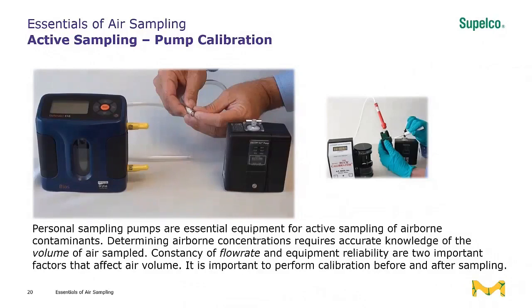So it's important that the flow rate remains constant during sampling, that your equipment is reliable during sampling, and that you can confidently state that you have collected the air volume as recommended in the method.